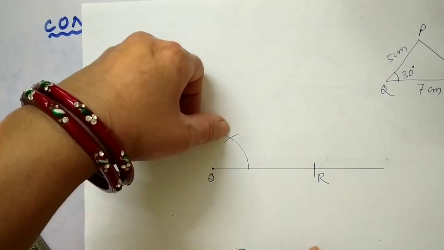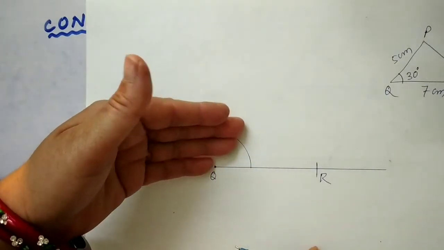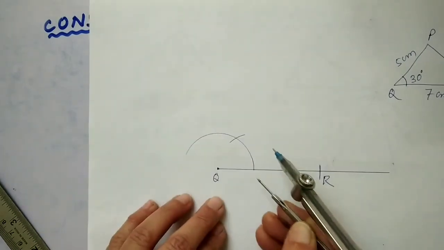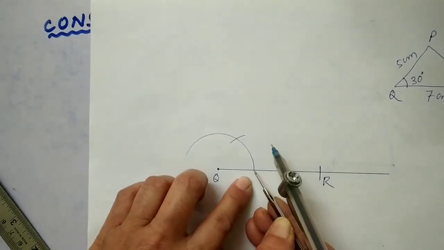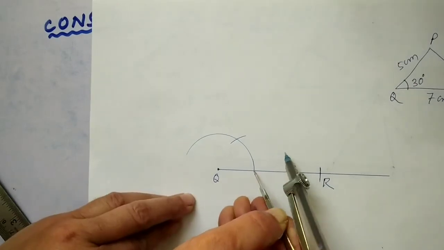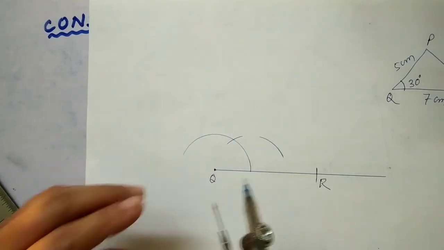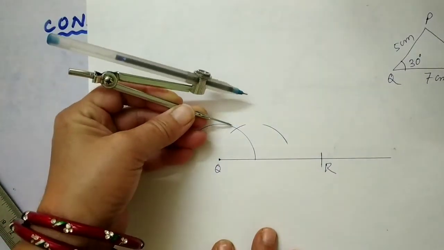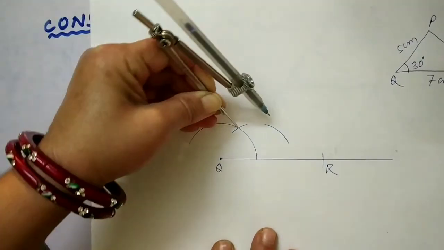If we are joining these 2 points, we are getting the angle 60 degree. But we want 30 degree. So we need to bisect this part. Now to bisect this part, from this point you have to take one arc. And from this point, because we have to bisect this part, you take another one.